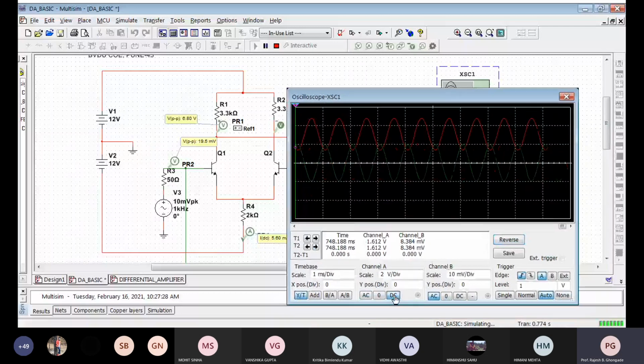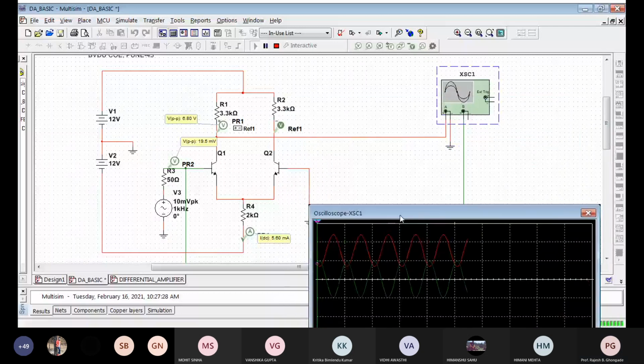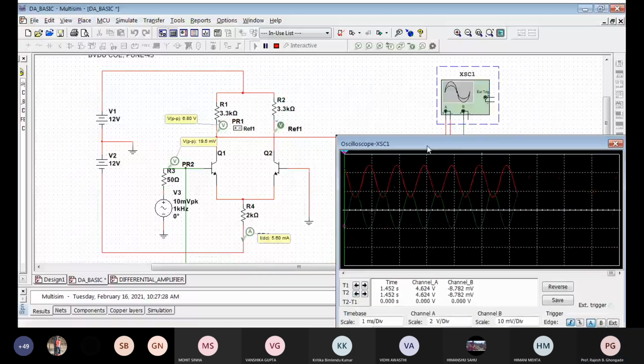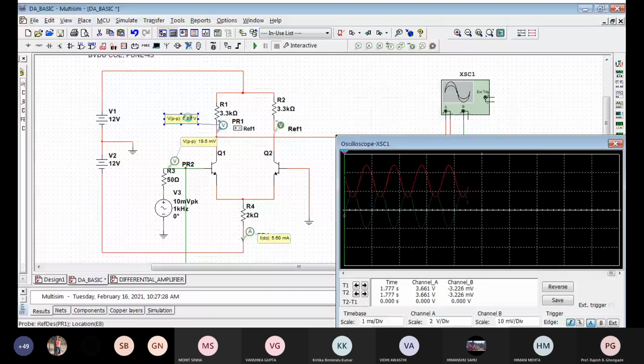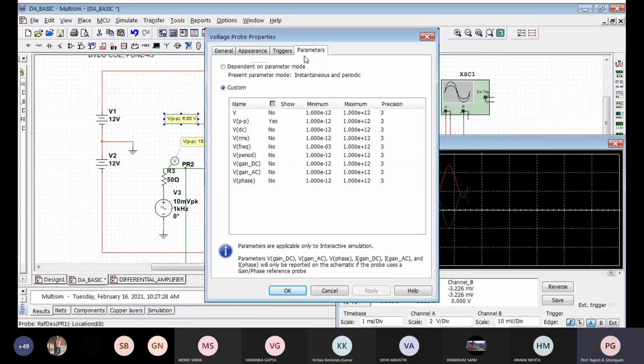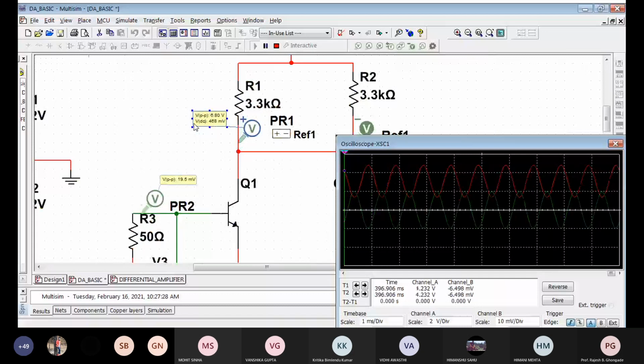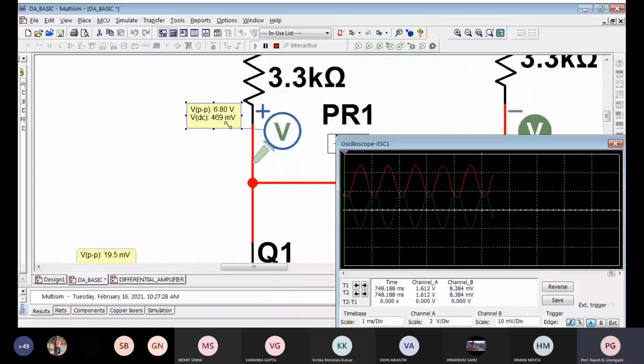But if I couple it with DC, meaning what? Let me show the DC content also. You can see here that the signal is riding on the top of DC.